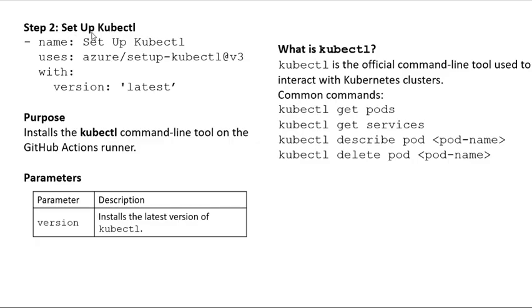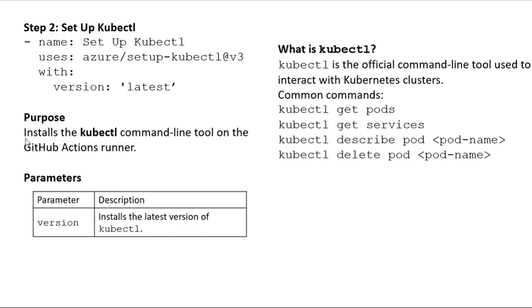Step 2 is set up kubectl: - name: Set up kubectl, uses: azure/setup-kubectl@v3, with: version: 'latest'.